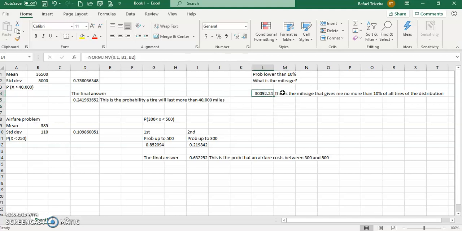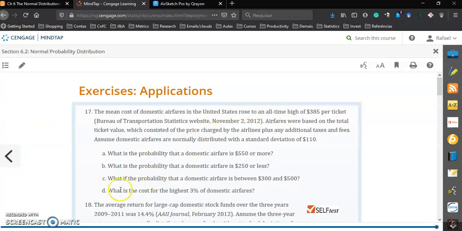Okay, so 30,000 miles is the mileage guarantee that the marketing people have to advertise, saying if your tire has a problem and has less than 30,000 miles, we give you new tires for free. That's something like that. Okay, so now let's take a look at a different one, which is this one.